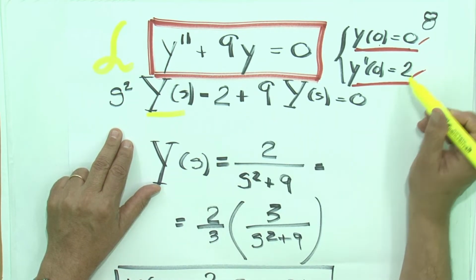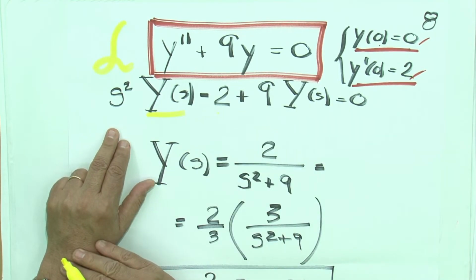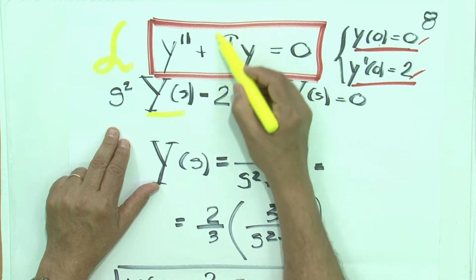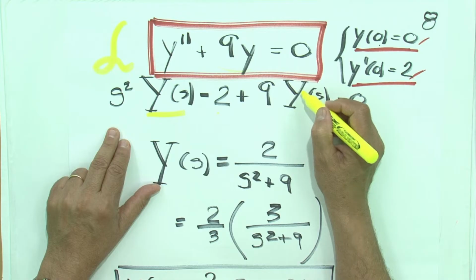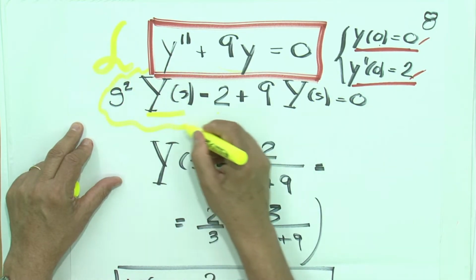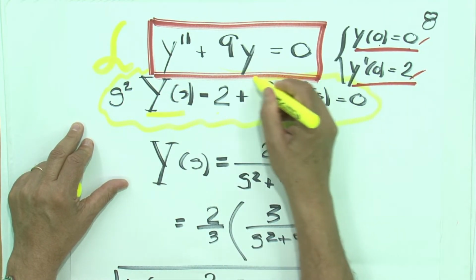The first derivative is 2, so minus 2. And the Laplace transform of 9 times y is 9 times the Laplace transform of the function y. And this must be equal to 0.